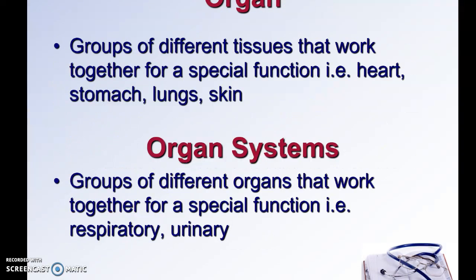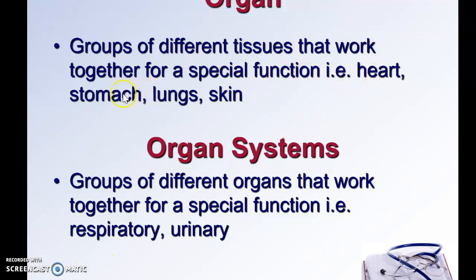The organs, again, are groups of tissues that work together for a special function. So, the heart and the blood vessels work together to create functions, which again leads us to our next point, organ systems.